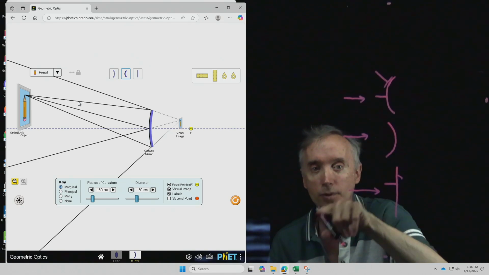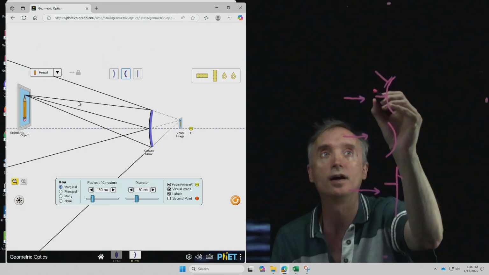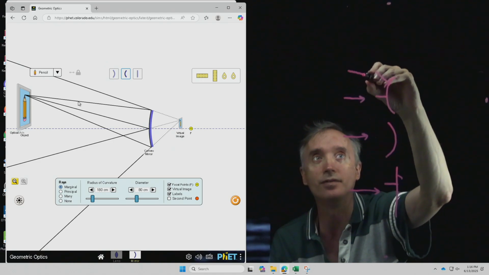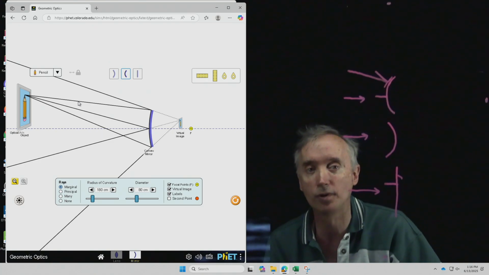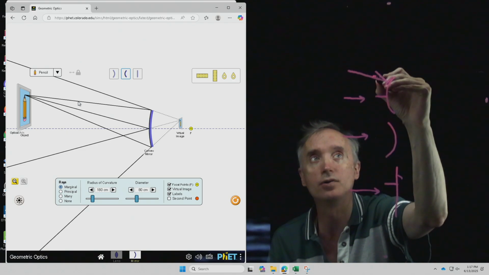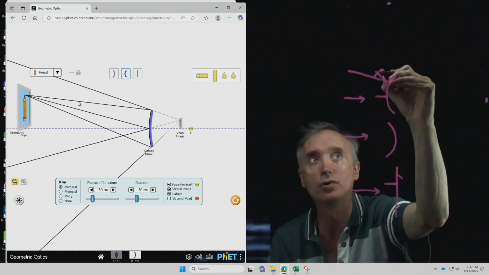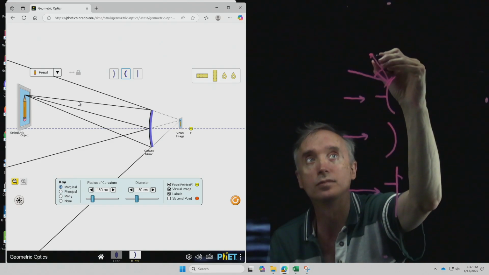In that picture there, you can see a light wave coming in, and let's say that it's coming in like this, and then it's hitting the mirror. Well, what direction would it ricochet? Here is our angle going in, and then we need to make sure that the angle going out is the same.